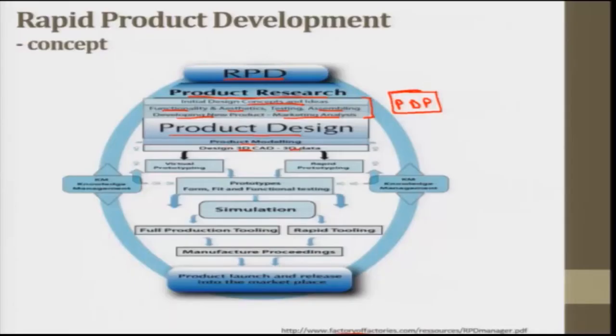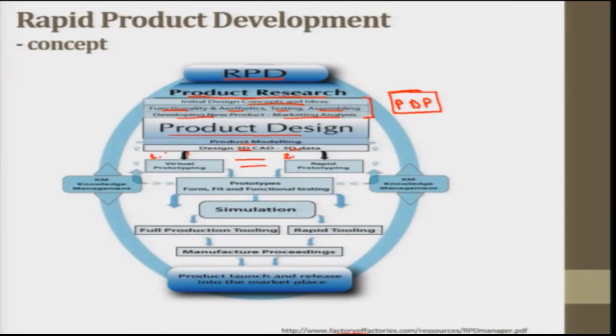Then comes the product design. In product design, we make a CAD model and then we do virtual prototyping. Virtual prototyping and rapid prototyping are put in parallel here, but virtual prototyping would come first and rapid prototyping later.